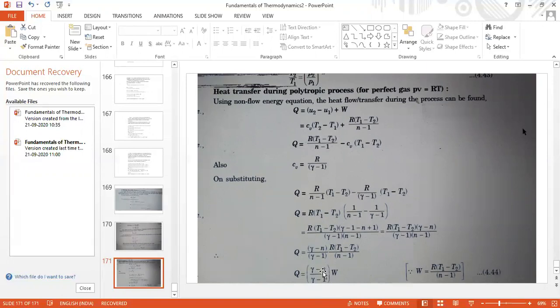Because n is always greater than 1, this is definitely a fraction, with the numerator less than the denominator. In that way, you remember whether it is gamma minus 1 by gamma minus 1 or gamma minus n by gamma minus 1.